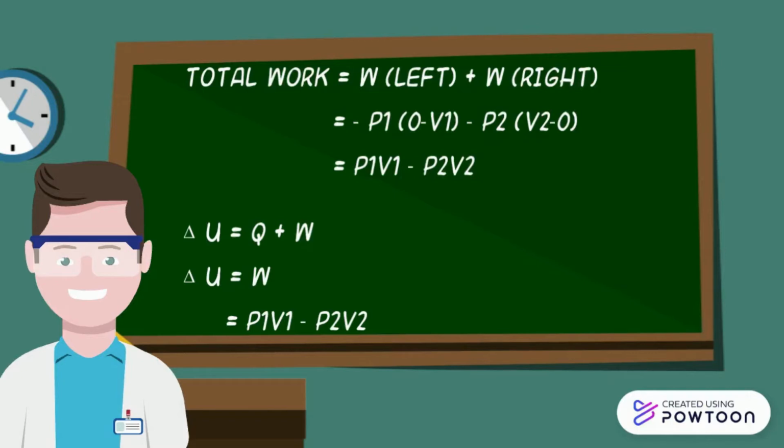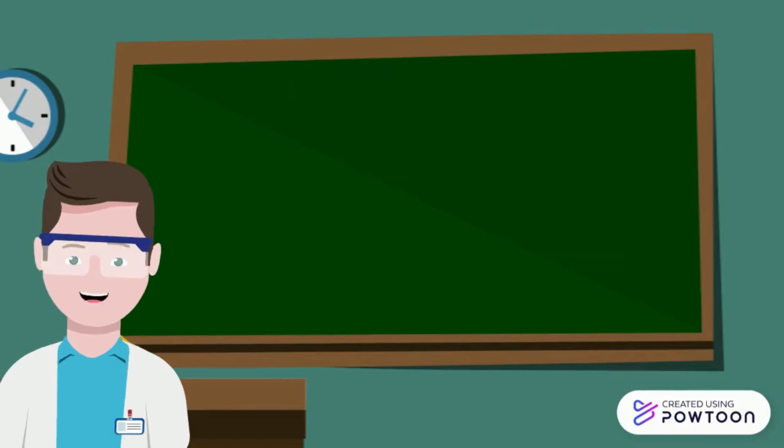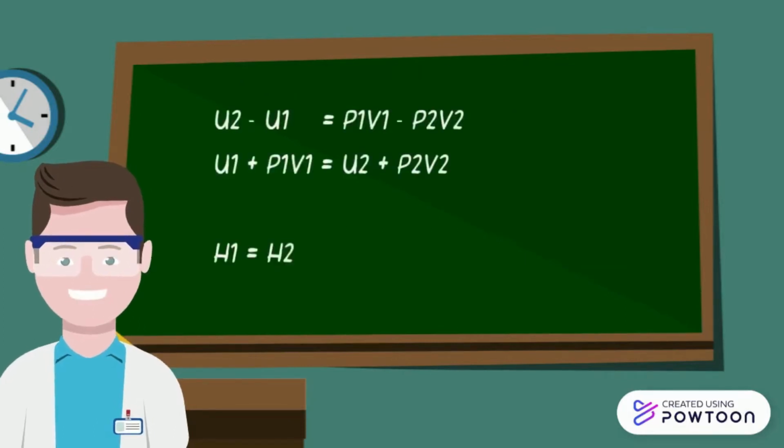The change in internal energy is given as delta U equal to Q plus W. Since this is an adiabatic expansion, the heat energy Q equals 0. Thus, delta U is equal to W. When we insert the equation of total work done into the equation of the change in internal energy, we get delta U equal to P1V1 minus P2V2. Delta U can also be represented as U2 minus U1.